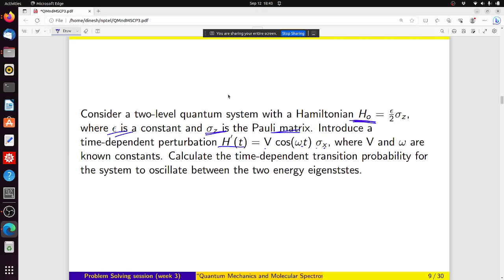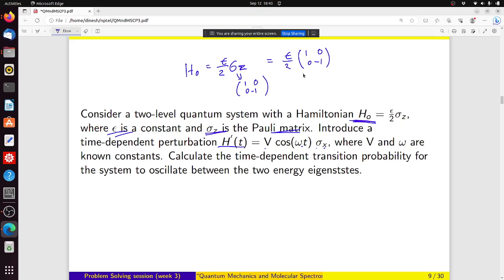Okay, so our H0 is given as epsilon over 2 sigma z. I know the form of sigma z. This is the z component of the Pauli matrices, so this will be 1 0 0 minus 1, right? So I can write this explicitly, epsilon over 2 times 1 0 0 minus 1.